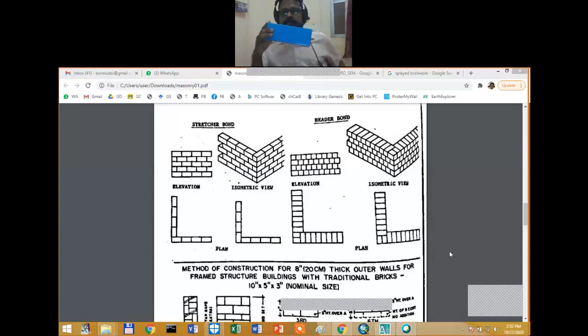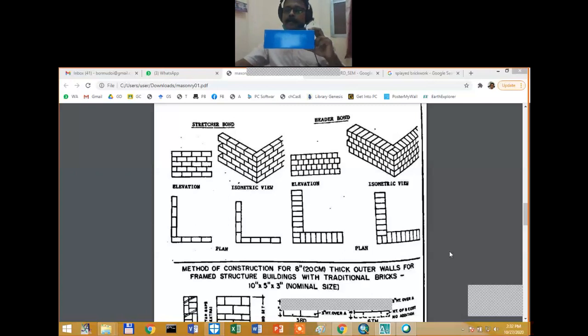This is a typical stretcher bond. If you arrange the bricks like this, facing the header, one brick, another brick, so this would be a header bond. Look at the drawing. Try to understand. Can you see?